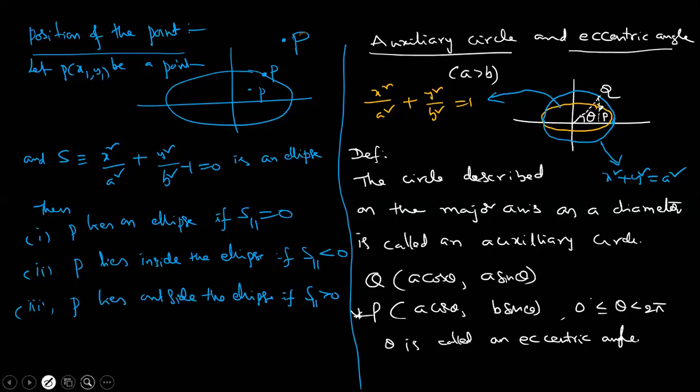Okay, next one. Yeah, if the diameter is on the minor axis, that means a is less than b. Pawan, correct. Okay or no? A greater than b means the circle is described on the major axis as a diameter. A diameter on the minor axis is not possible. Only major axis.